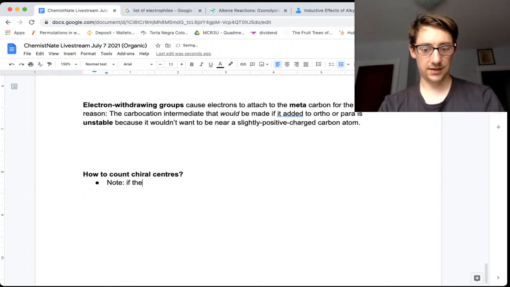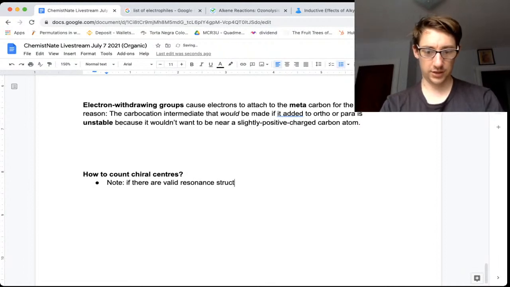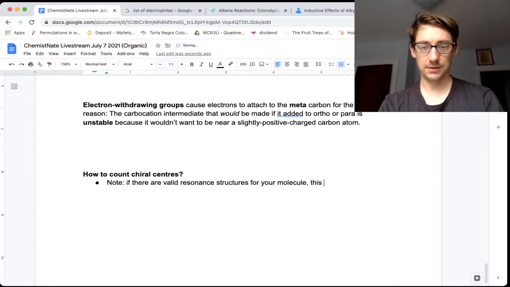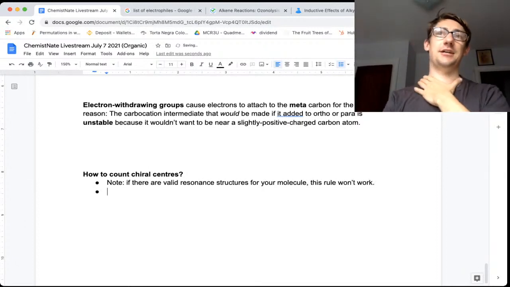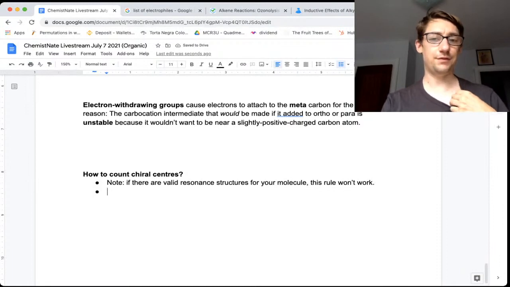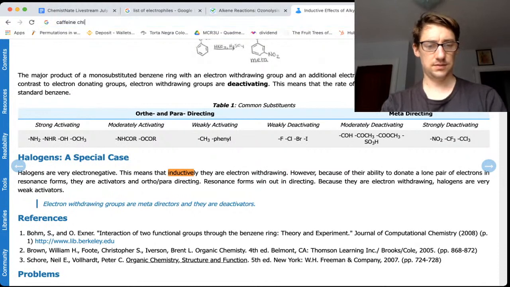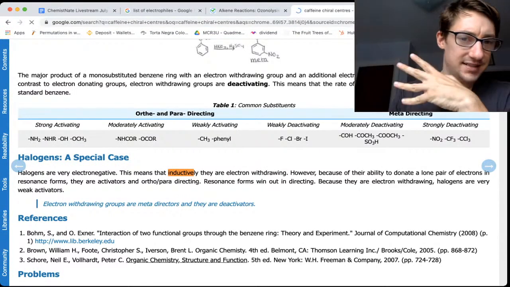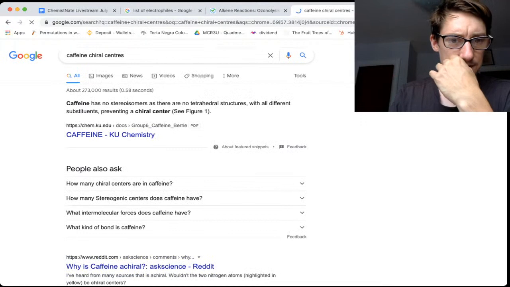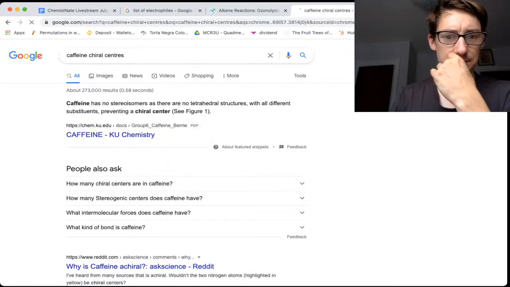Note: if there are valid resonance structures for your molecule, this rule that I'm about to give you won't work. I think I've been catching flack on my chiral center molecule because I picked caffeine. And I said caffeine has no stereoisomers.